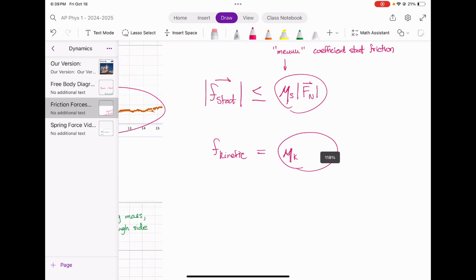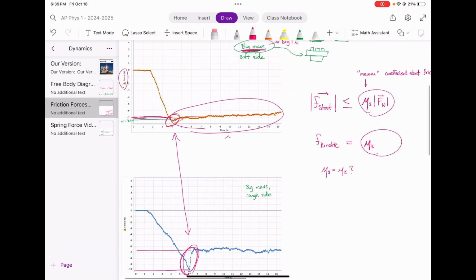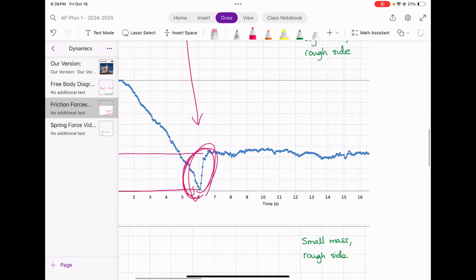Now you might be wondering, well, if it's the same surface, can't I just say that mu s equals mu k? Well, here's the problem. These jumps are essentially telling you that mu s cannot equal mu k. There are different coefficients once you have one form of friction versus the other.